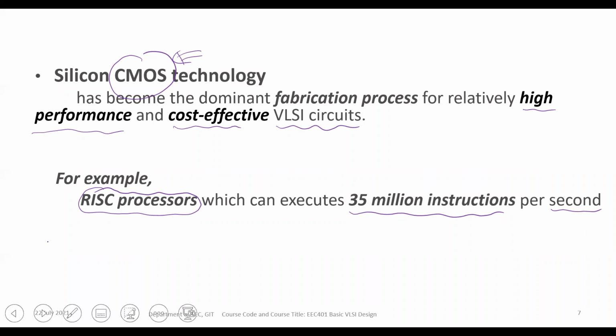But because the scenario is progressing, the requirements for day-to-day life also increase. So that's the reason why the execution speed of this is also not sufficient. Sometimes more speed is required. Okay, so in that situation, we go for BiCMOS technology.